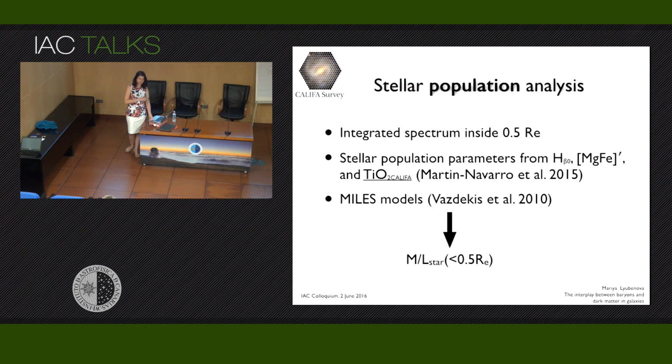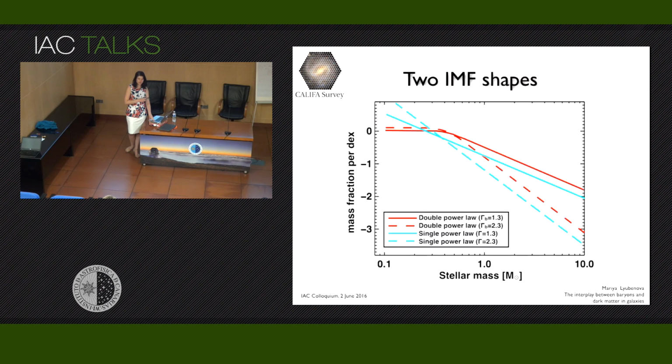Because they are very useful: they allow at the moment very easily to plug in different shapes of the IMF and different variations. So we have studied two particular cases. The single power law shape, so this is the straight line, or the so-called unimodal, and this is very close to the Salpeter line. And when we let it vary, it has a variable slope gamma, so this is how it varies.